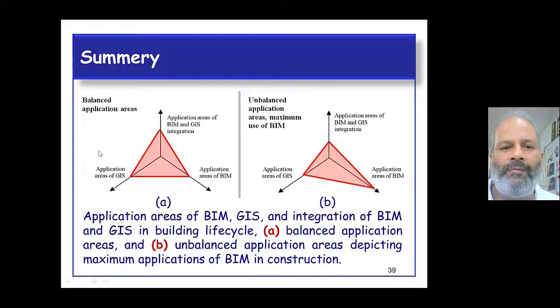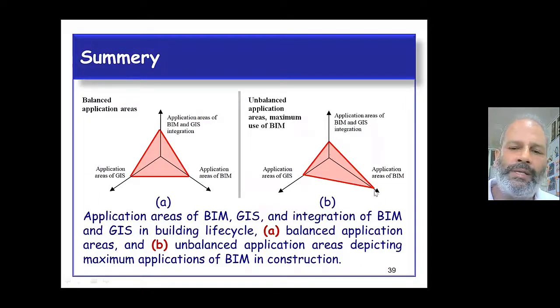At last, in the summary, if we see the balance of applications, it means that the application of BIM, the application of GIS, and the application of integration of BIM and GIS are not the same.